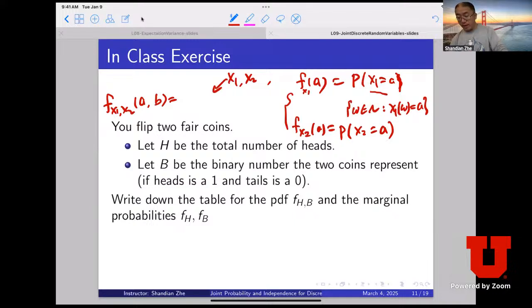How do we extend the probability density function for a single random variable to the joint PDF?